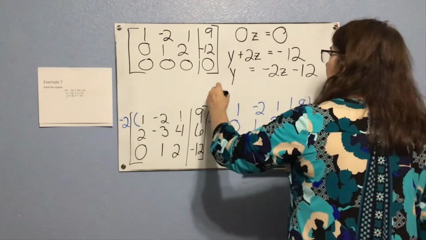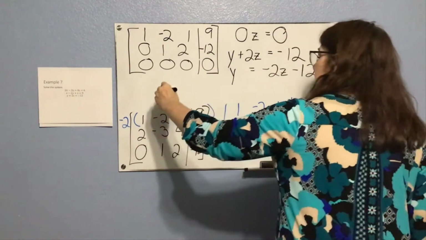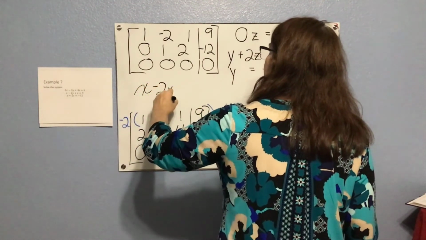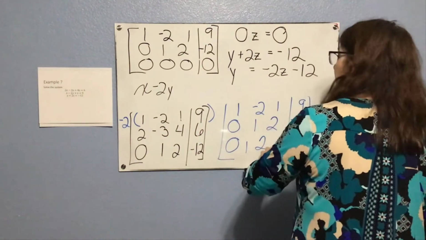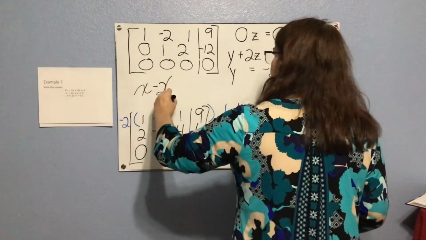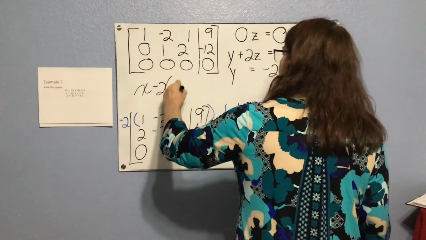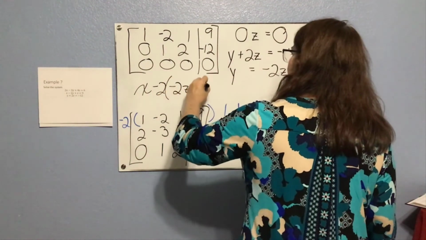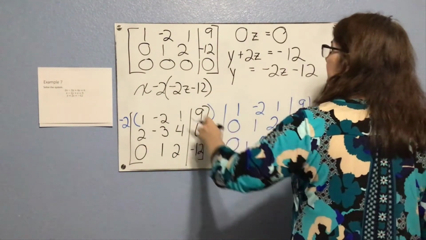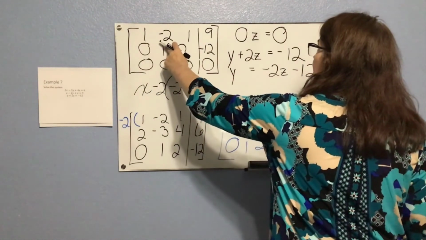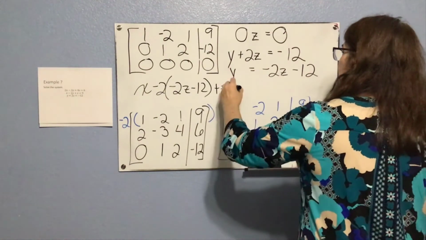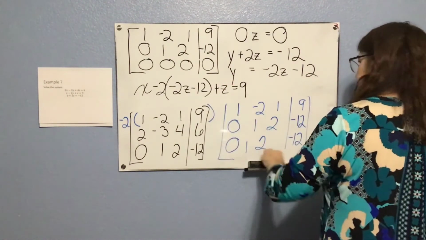Going on to the top equation, let's do this over here. x minus 2y. Well, instead of y, we're going to put in our expression for y. So that's going to be minus 2z minus 12. So this is x minus 2y plus z equals 9.